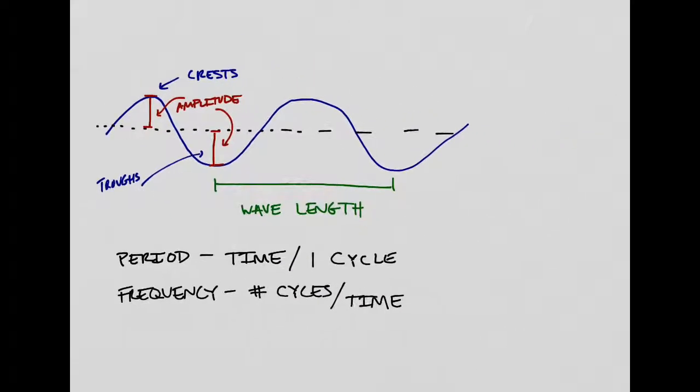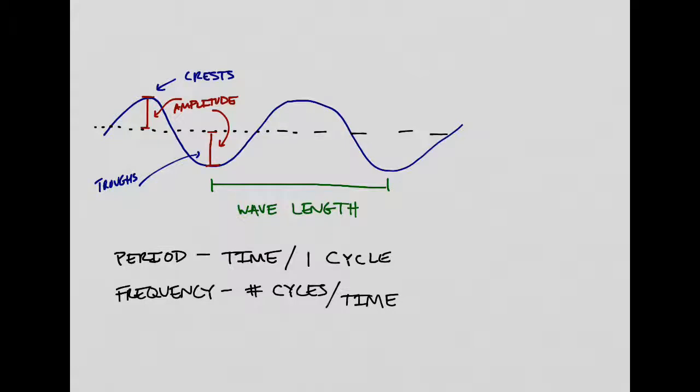So given this, we can say that the period is equal to 1 over the frequency, or the frequency is equal to 1 over the period. So the period is going to tell you the time it takes to complete one cycle, and the frequency is going to tell you how many cycles are happening every second.